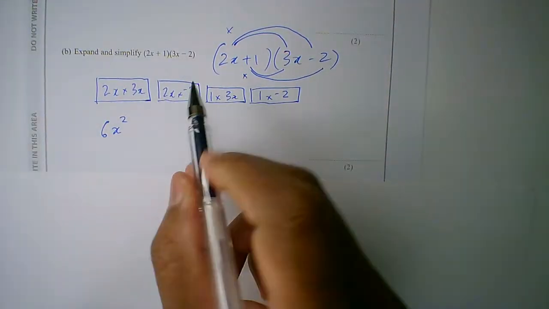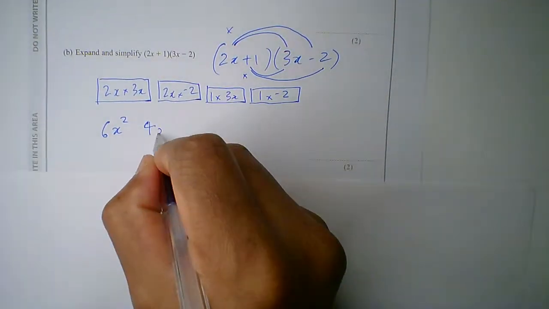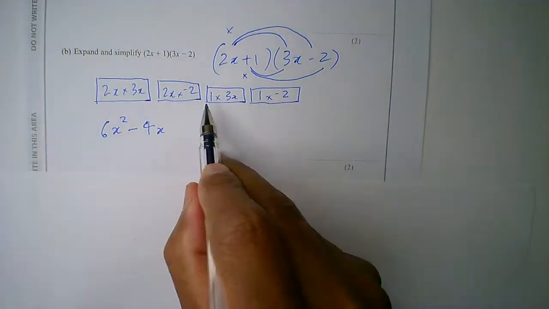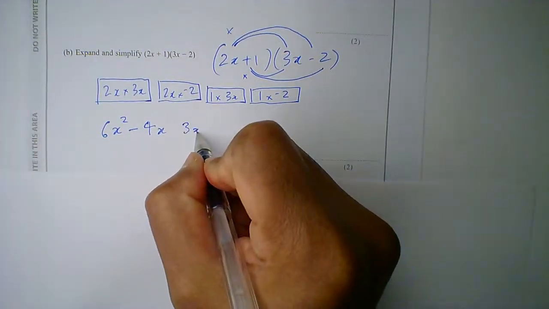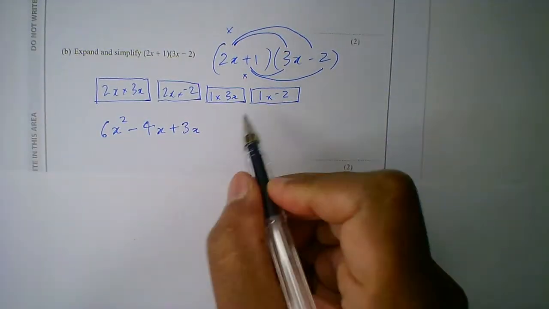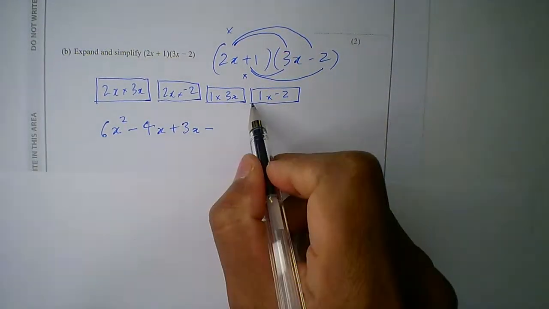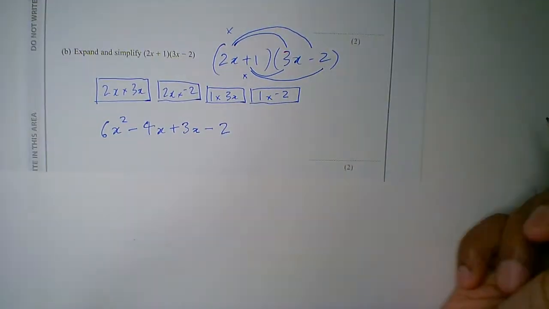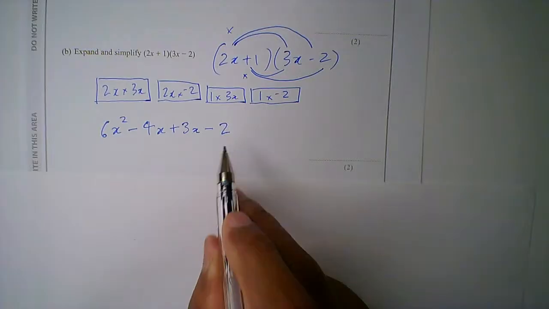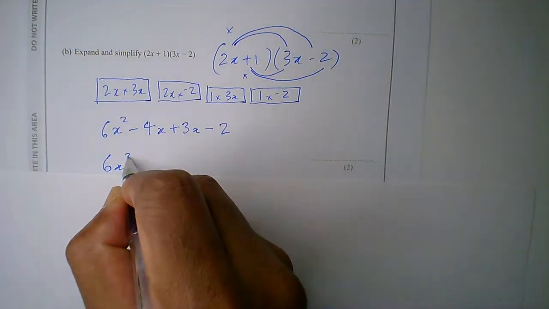Then you've got 2 times 2 is 4x. This is a positive and a negative. That gives me a negative. 1 times 3 is 3x there, and they're both positive. And the last one here, we've got a positive and a negative, so that's going to be negative. 1 times 2 is 2. And again, this is an x squared term. There's no other x squareds here, so this is 6x squared.